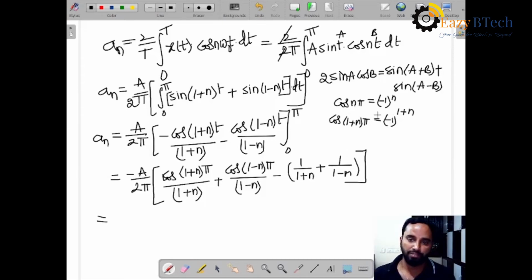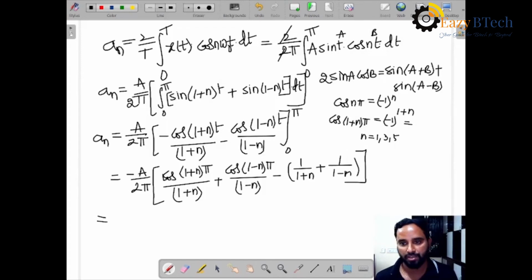Take n odd: 1, 3, 5, 7 and so on. (Minus 1) power (1 plus 1), (minus 1) power (1 plus 3). So if we take n odd, cos((1 plus n)pi) is plus 1.